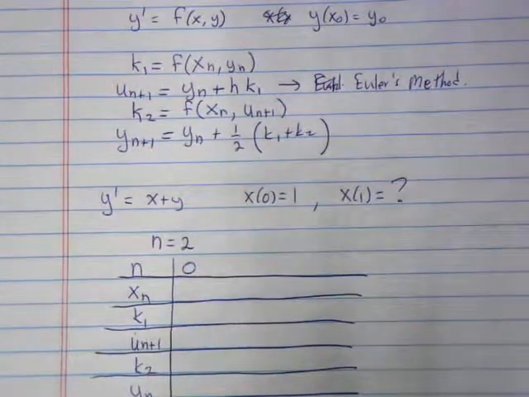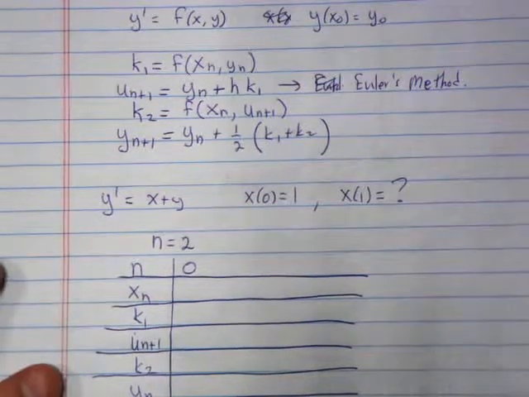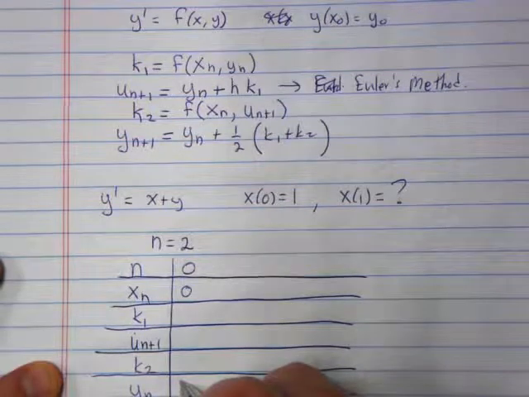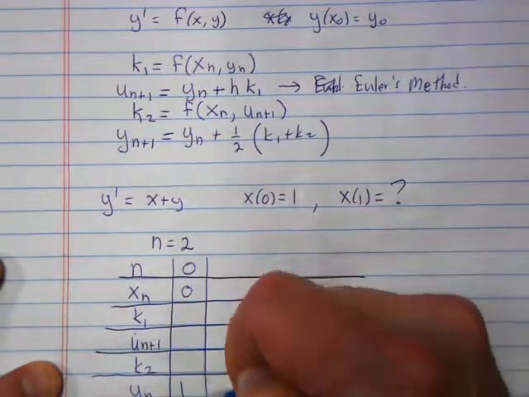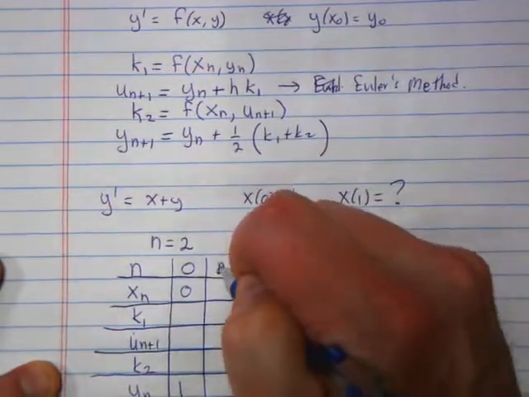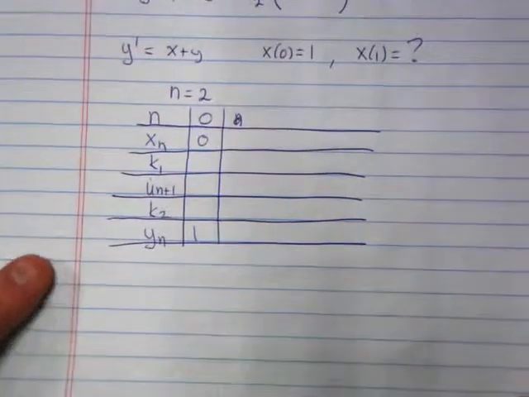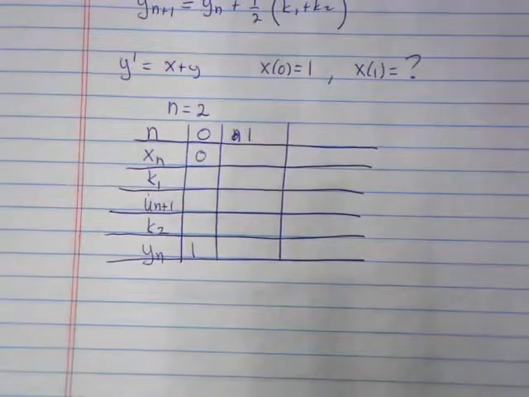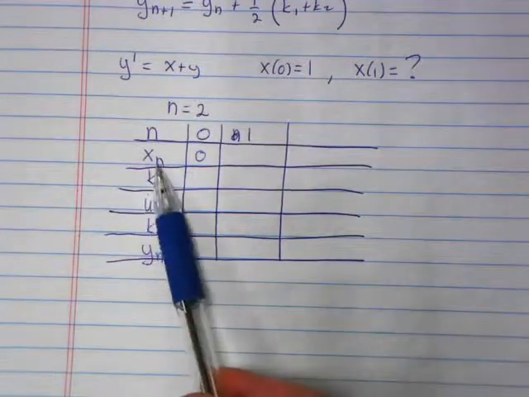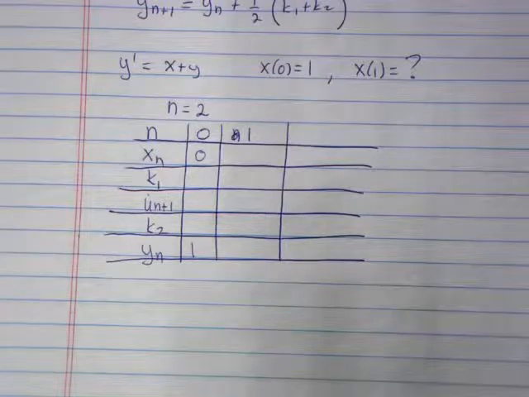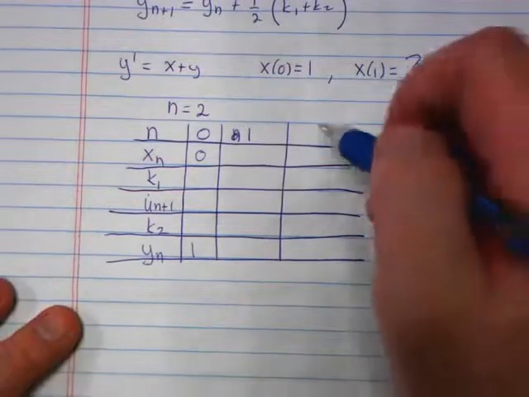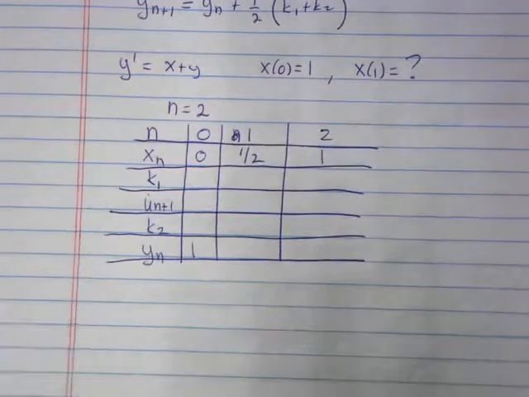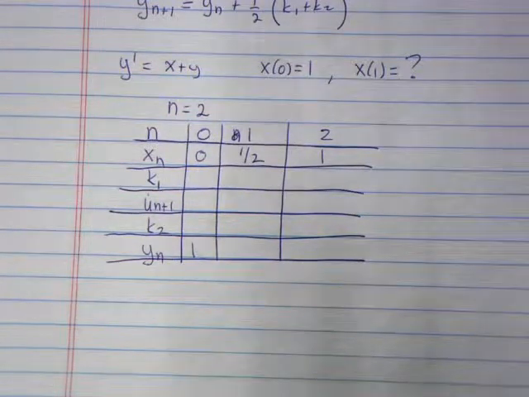So if n equals 0, what's x sub n? 0, and what's y sub n? 1. When n is 1, what's x sub n going to be? 1/2. And when n is 2? 1. All right. So now we've got to start figuring out the k's.